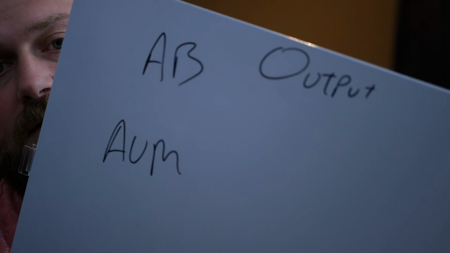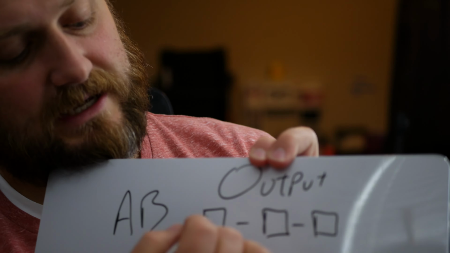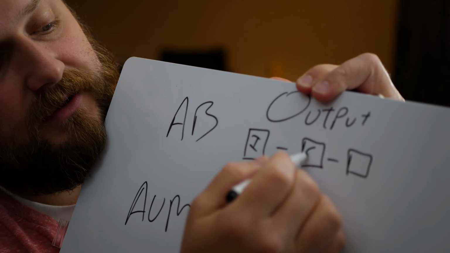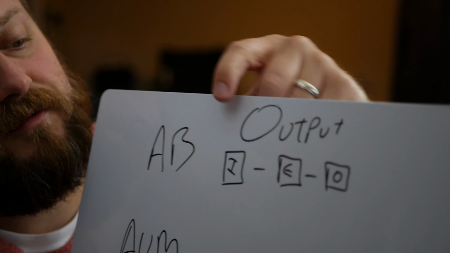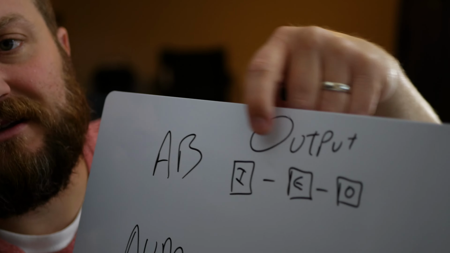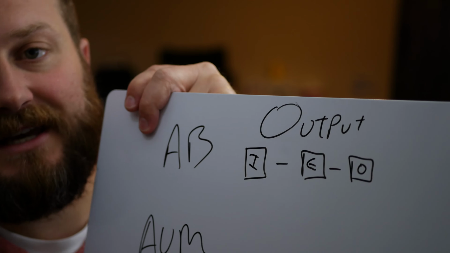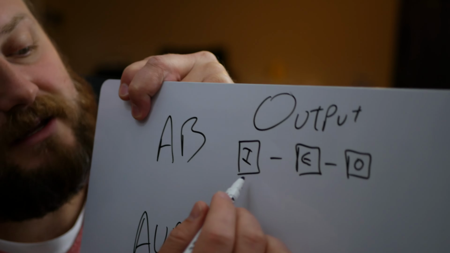So how AudioBus works, if you're not familiar, you have 3 slots, and inside the slots you can have an input, you can have an effect, and you can have an output. In order for an app to be recognized in these slots, it has to have incorporated the AudioBus SDK inside the code of the app.